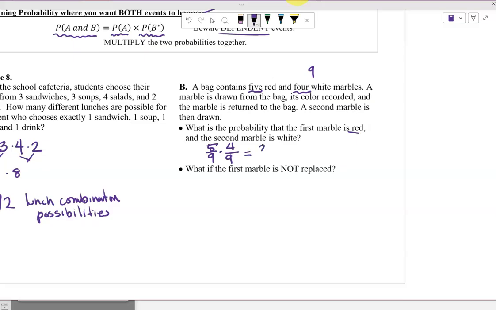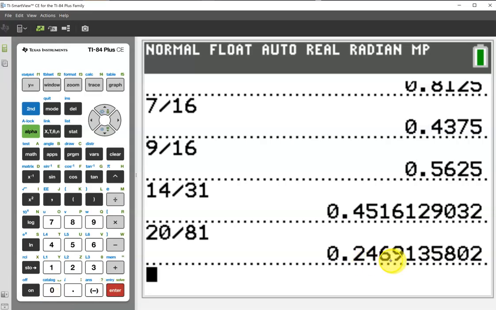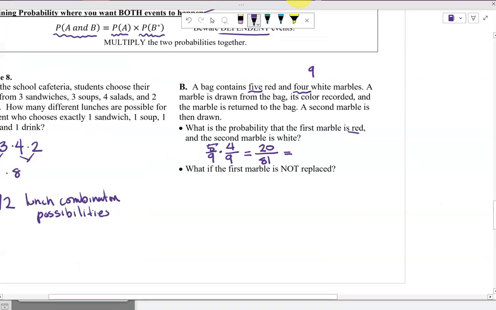So 5 times 4 is 20. 9 times 9 is 81. So 20 divided by 81, and we'll round it to 0.2469, or 24.69%.